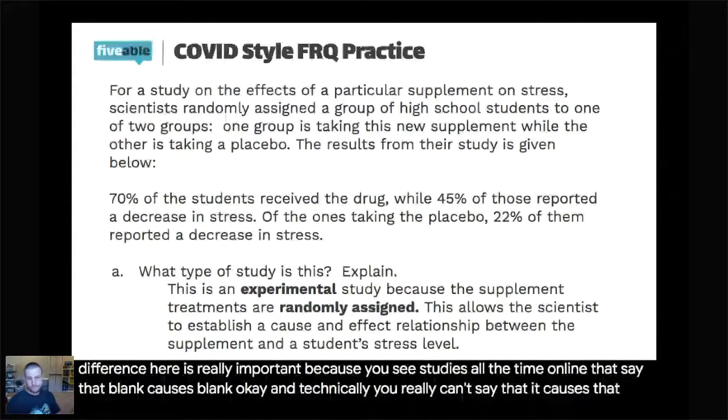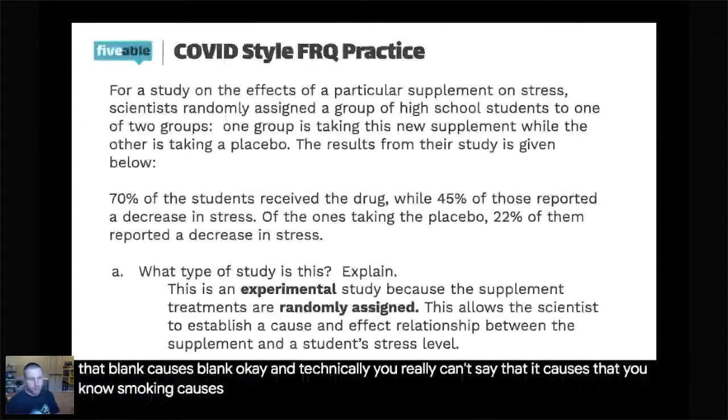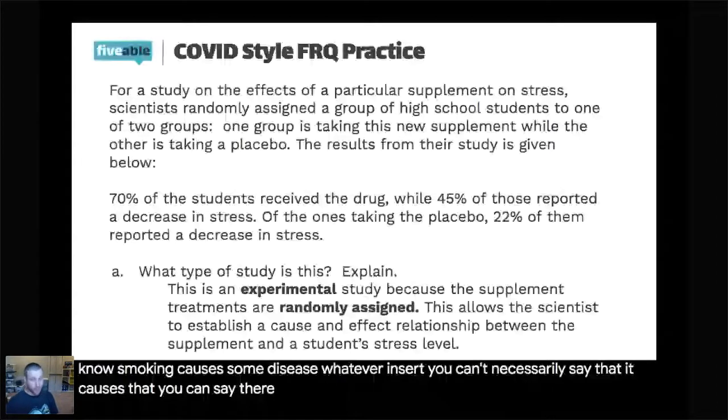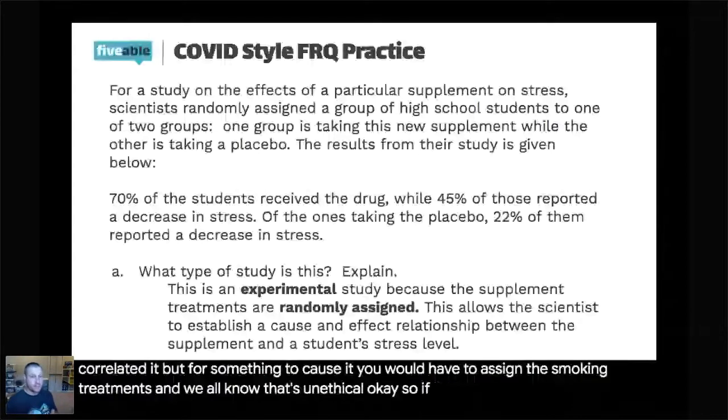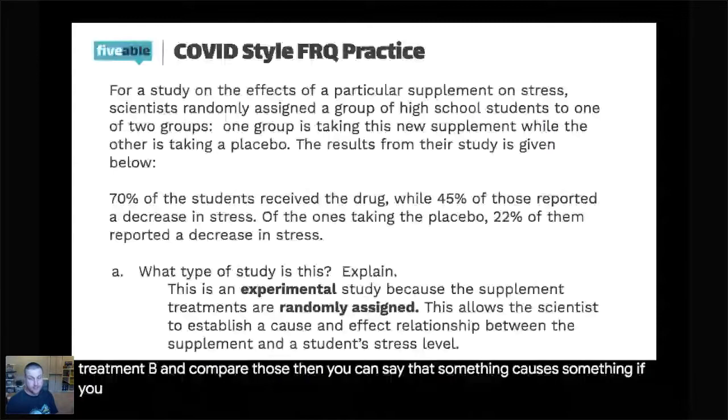Smoking causes some disease, whatever, insert. You can't necessarily say that it causes that. You can say that they're correlated, and of course they probably are strongly correlated. But for something to cause it, you would have to assign the smoking treatments, and we all know that's unethical. Okay, so if you assign treatment A, treatment B, and compare those, then you can say that something causes something if you get statistically significant results.